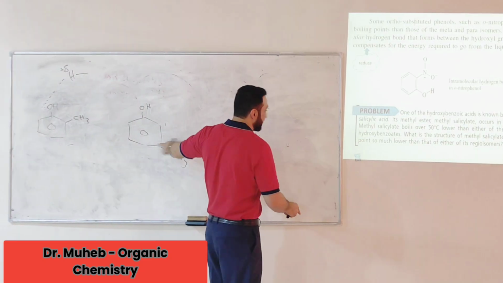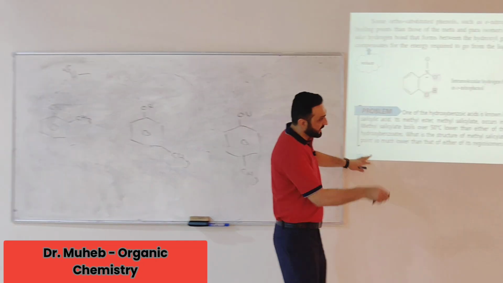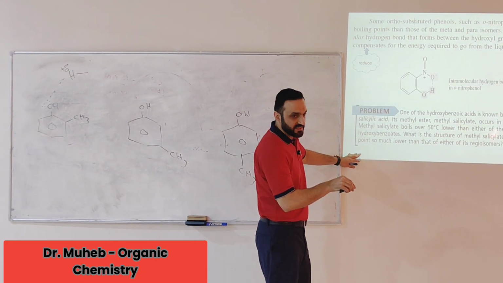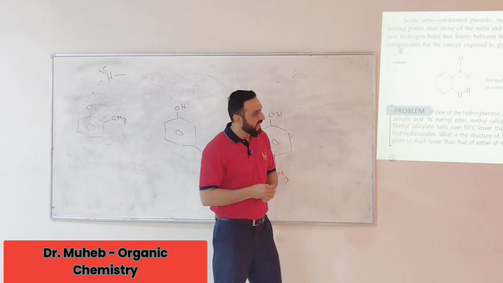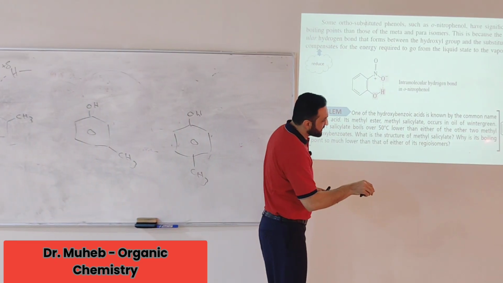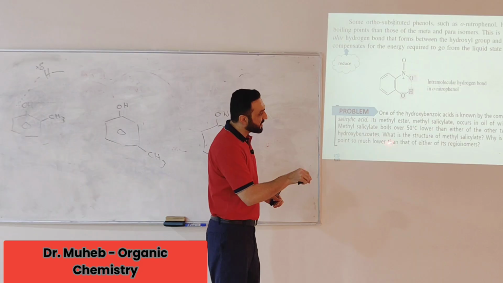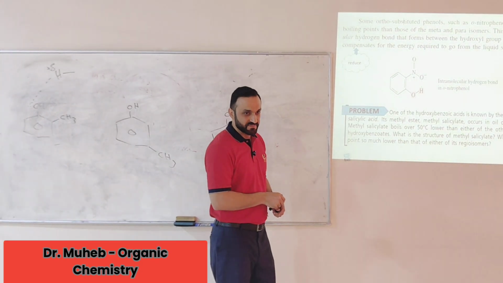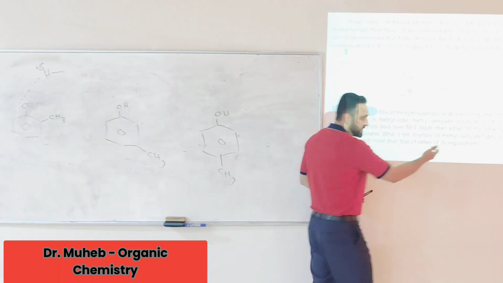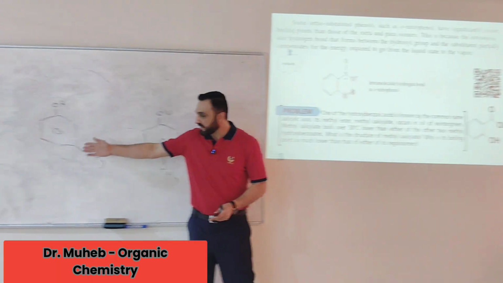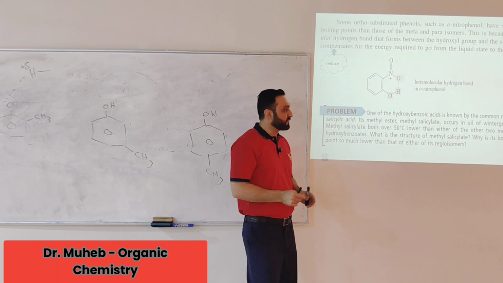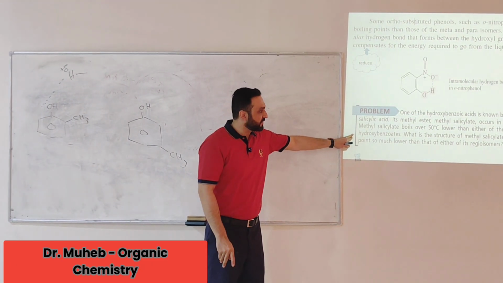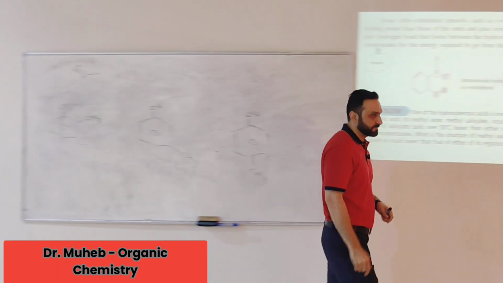It is the same idea as here. So what is the structure of methyl salicylate, number one? And why is its boiling point so much lower than its isomers, the other isomers like this? You have to think and solve it. It's easy, not difficult, but try to solve it at home.